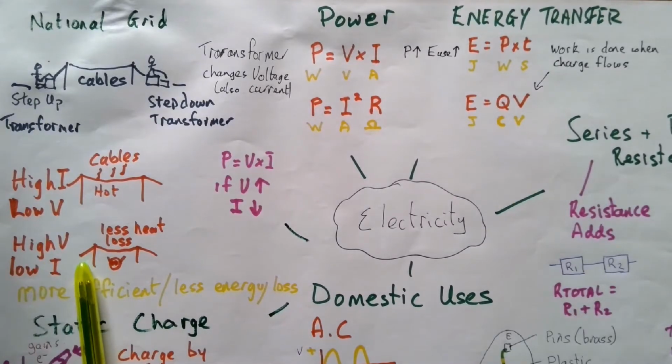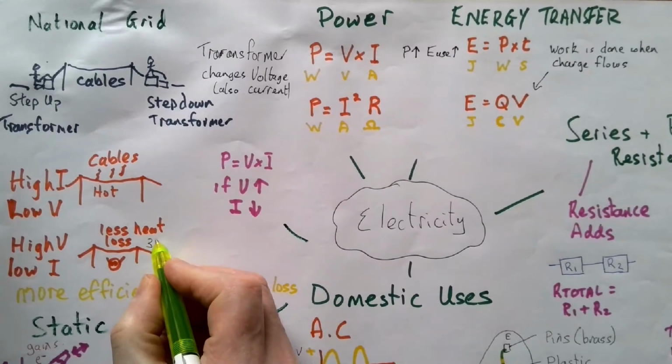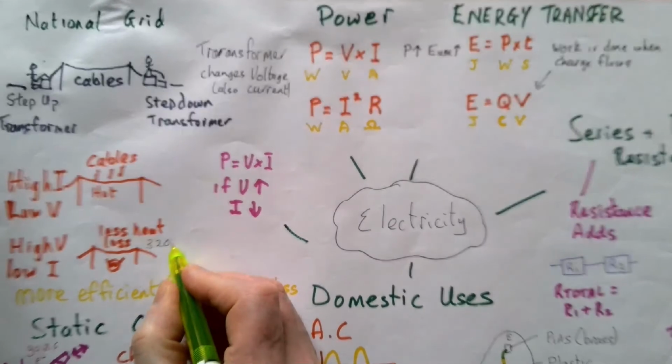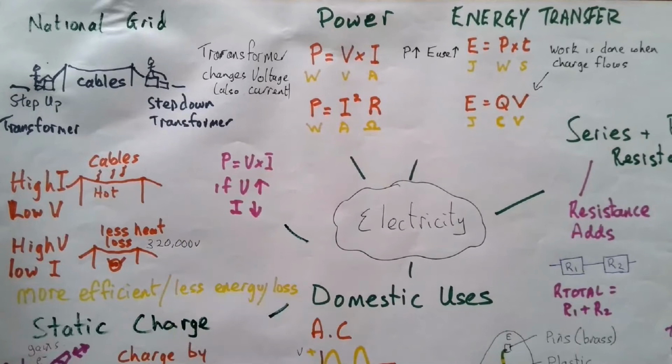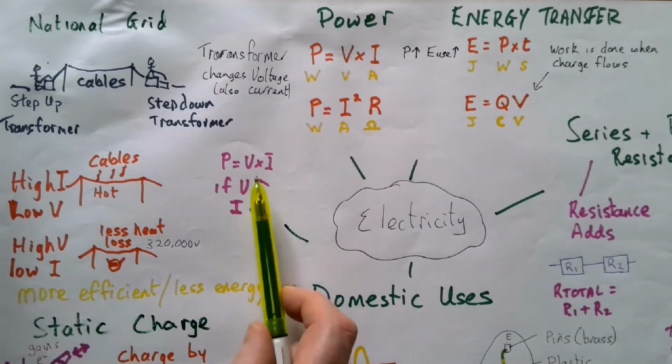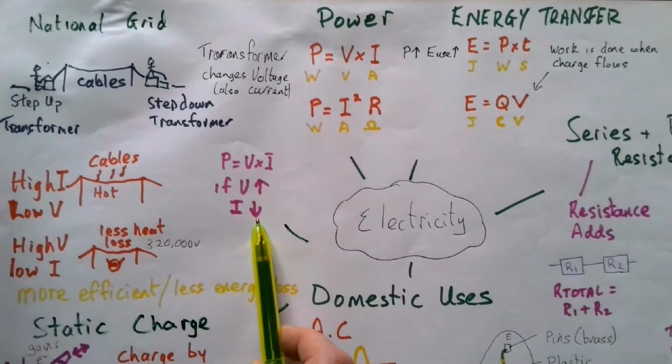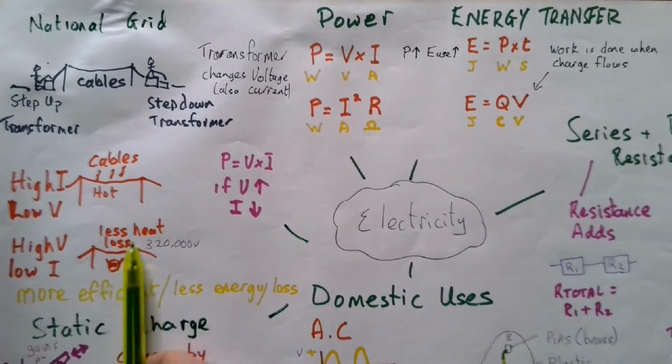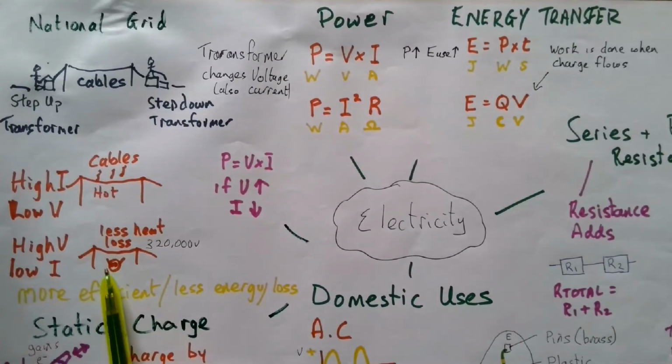We have a voltage of about 330,000 volts, and that is transmitted across the countryside, which means the current is very low. So we have a high voltage and a low current, giving us the same amount of power. So less heat is lost, so basically the cables stay nice and cool.